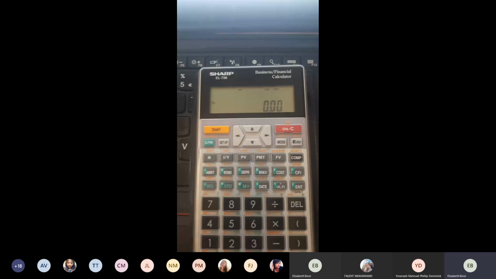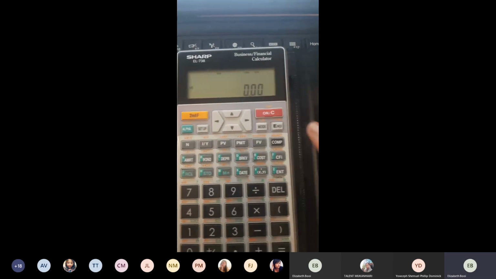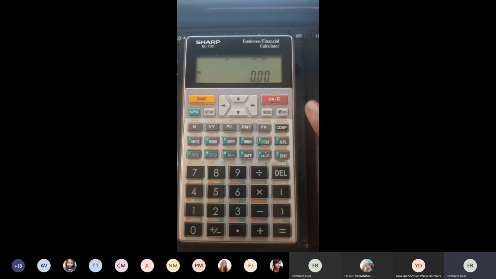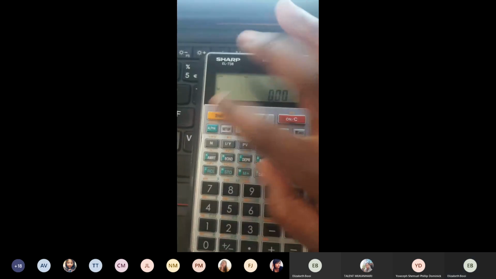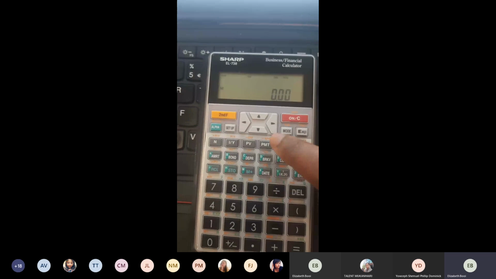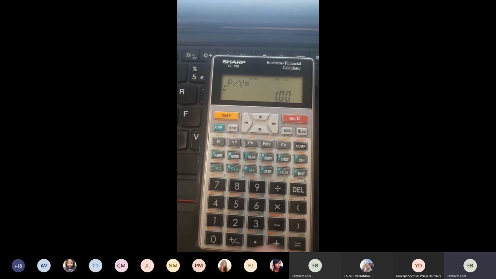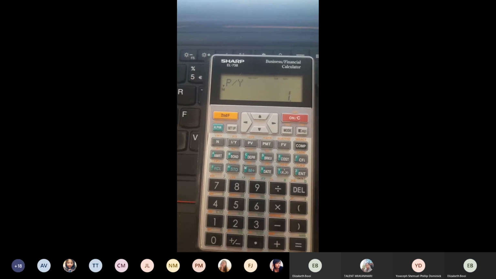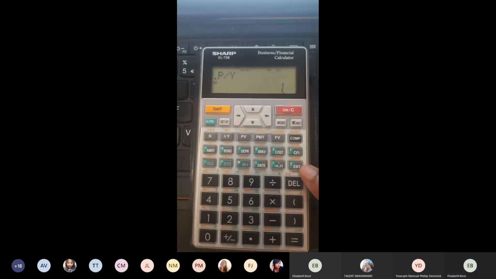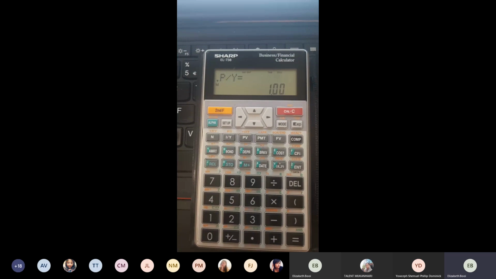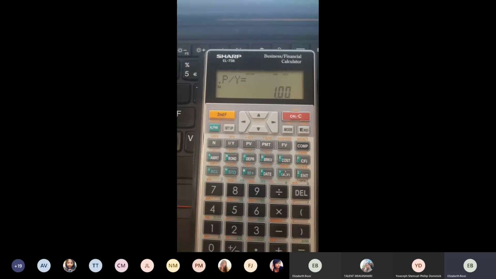And then we need to put in our compounding periods. To put in the compounding period, we press second function, and then you press the P/Y, and then you're going to press 1, and we're going to press the ENT button. And that stored our compounding period.